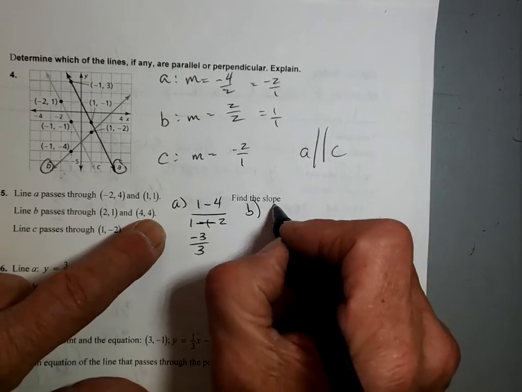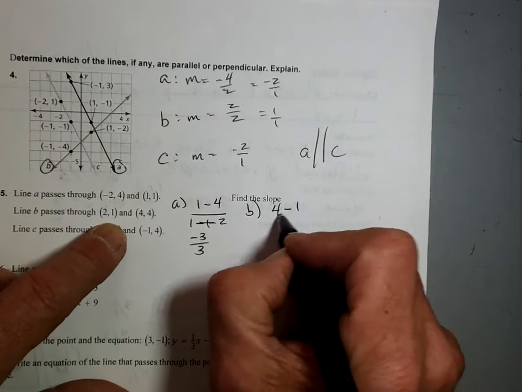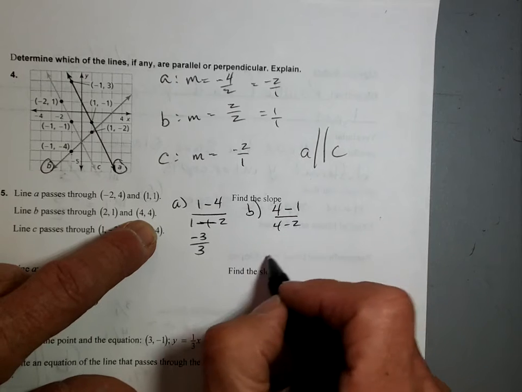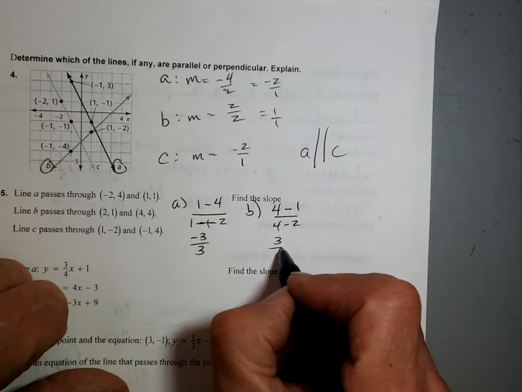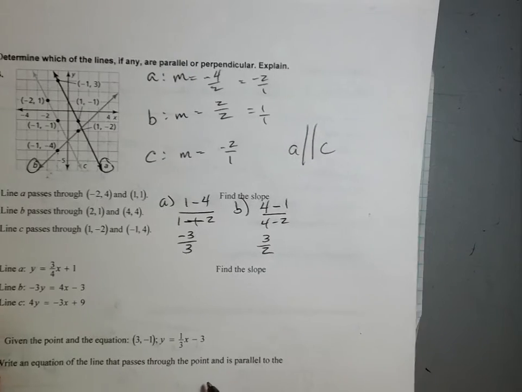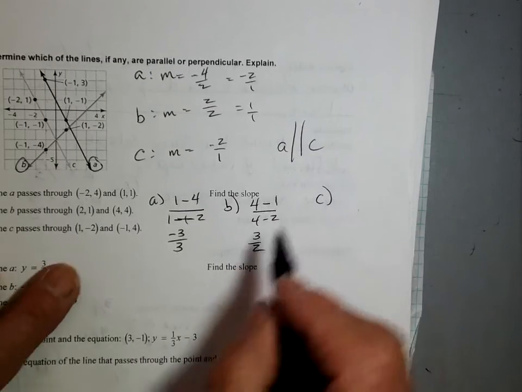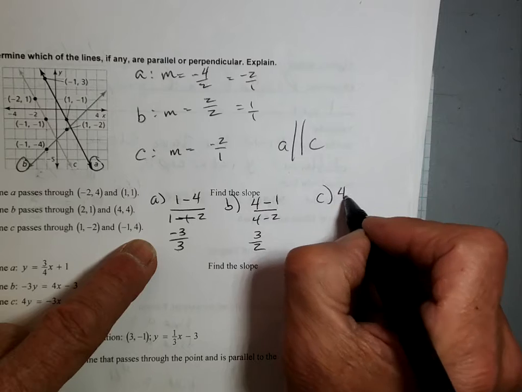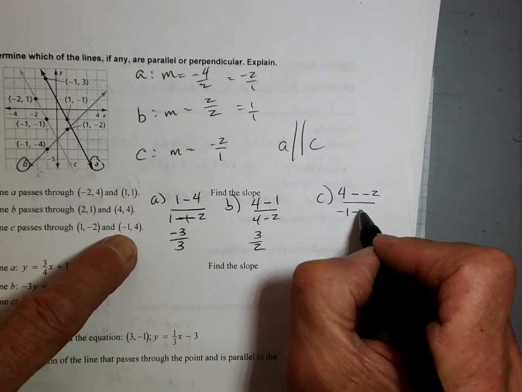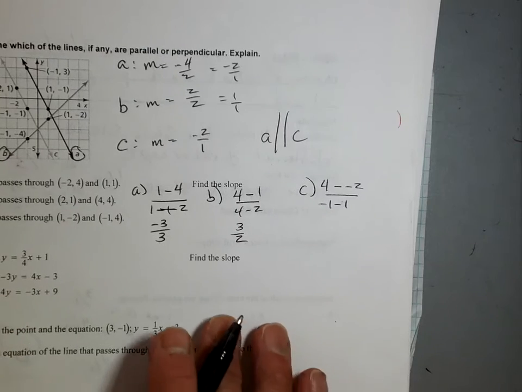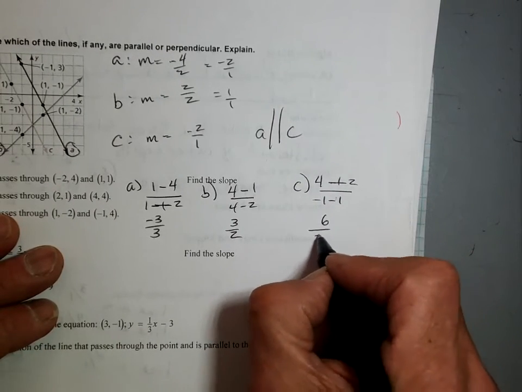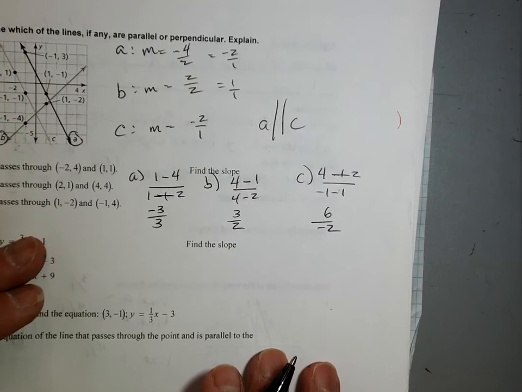B will go 4 minus 1 over 4 minus 2, 3 over 2. Okay, C, I'm going to go 4 minus negative 2 over negative 1 minus 1, 6 over negative 2.